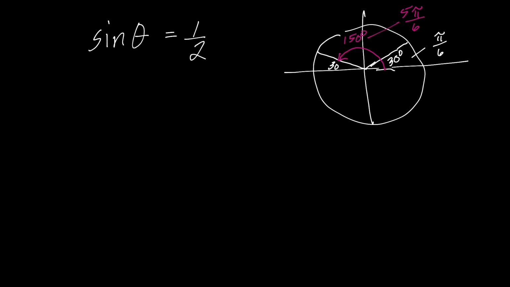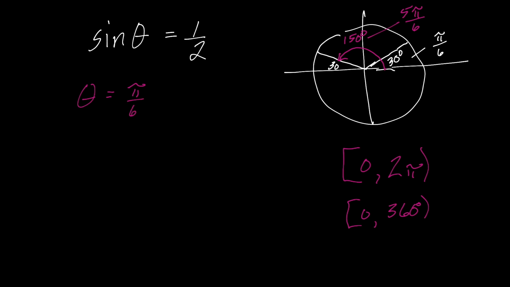So we have our two solutions, at least on this interval from 0 to 2 pi, or 0 to 360 degrees. We'll write those down as radians. Theta is equal to pi over 6 and 5 pi over 6. So that's on this interval right here that I'm pointing at.